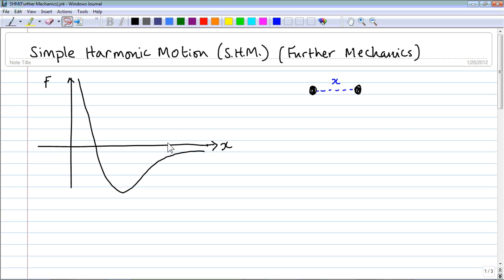I'm obviously going to give a brief explanation of the idea, but then focus more on how you solve exam questions. So in terms of the idea of simple harmonic motion, now you may have learned simple harmonic motion as a formula, really.